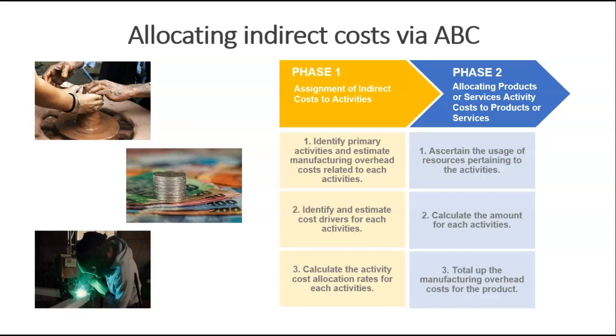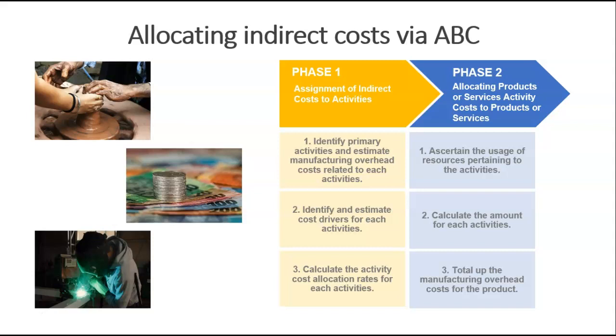Activity-based costing is a technique of assigning indirect costs to products or services basing on the activities they require. Rather than using a single allocation base such as direct labor hours or machine hours, activity-based costing focuses on the activities that cause the consumption of overhead resources.